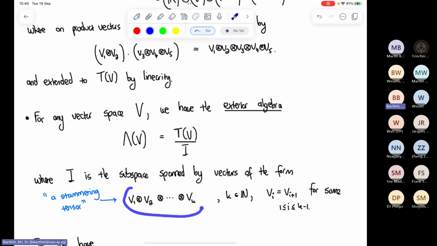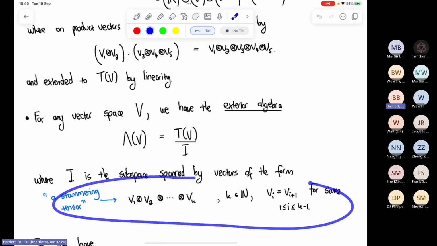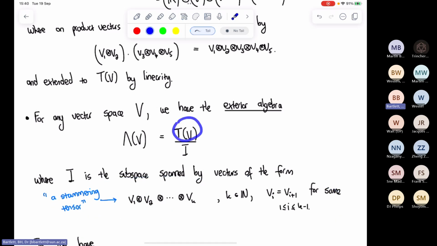So you take a tensor product of vectors, where two successive vectors in the tensor product are equal. So maybe v1 is equal to v2, or maybe v2 is equal to v3. So the subspace spanned by stammering tensors is going to be a certain subspace of the tensor algebra.